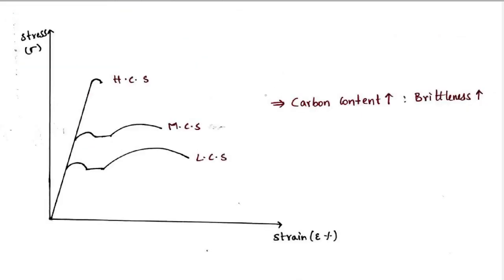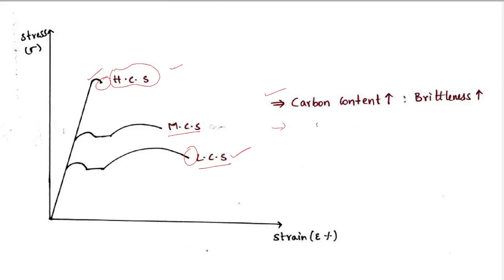Now let's see how carbon content affects brittleness and ductility. If we see the graph, the steel with higher carbon content is more brittle than the steel with medium carbon content and low carbon content. Whereas if we see the ductility property, the steel with lower carbon content has more ductile property, whereas higher carbon steel has zero or less ductile property.